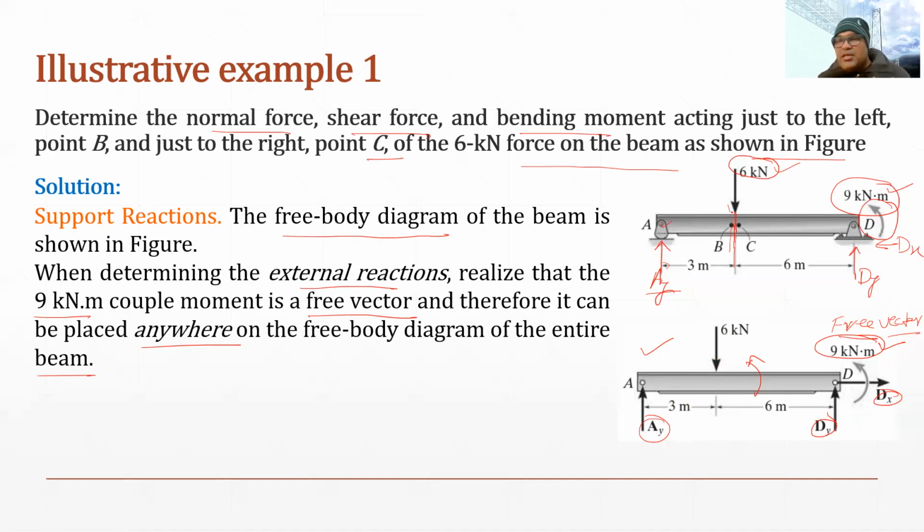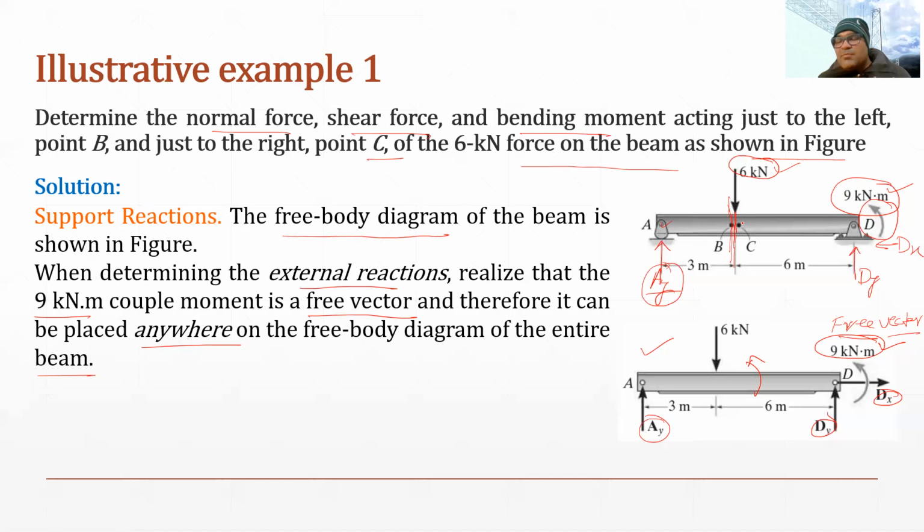If I cut the beam at point B, then I will have only 4 forces. One is in the form of a reaction, and three forces will be internal forces: the normal force, shear force V, and bending moment, which will be acting at point B. So there will be a total of only 4 forces.